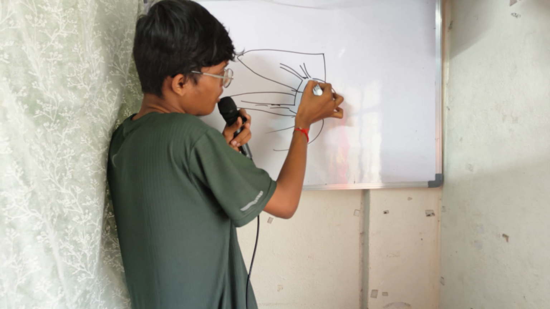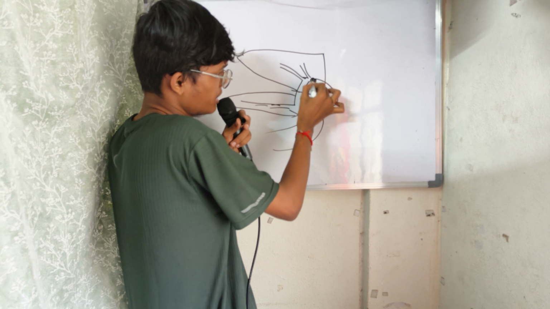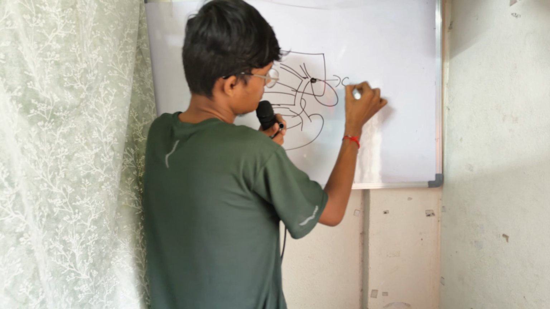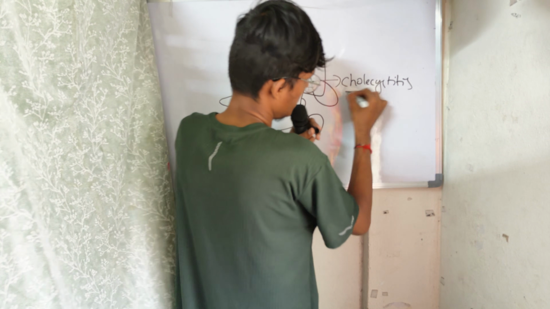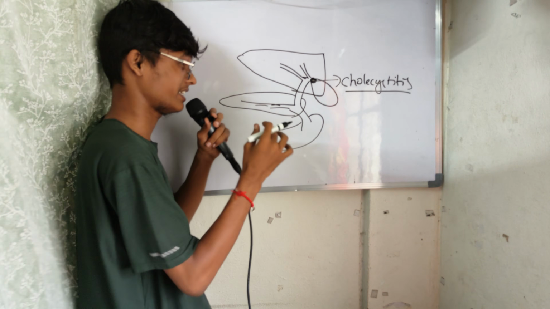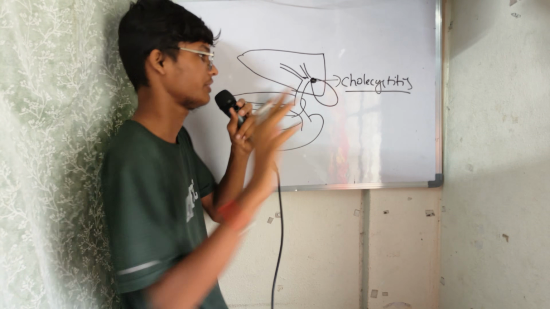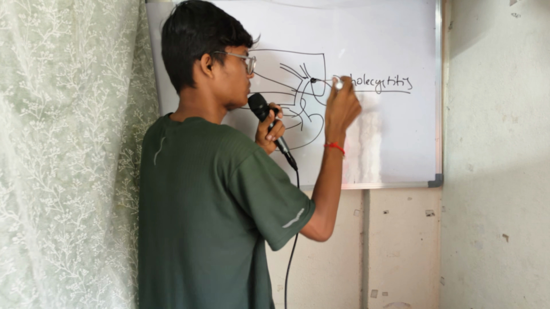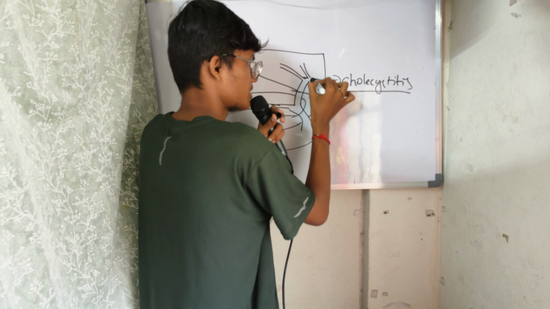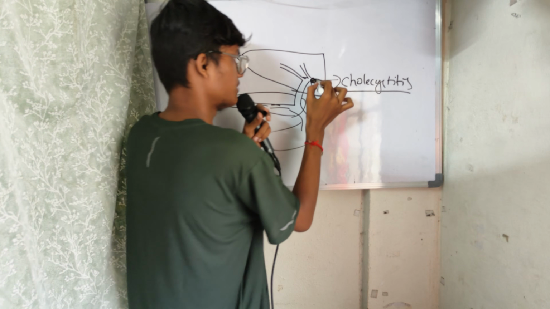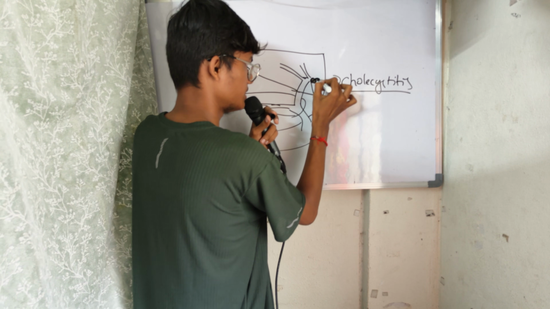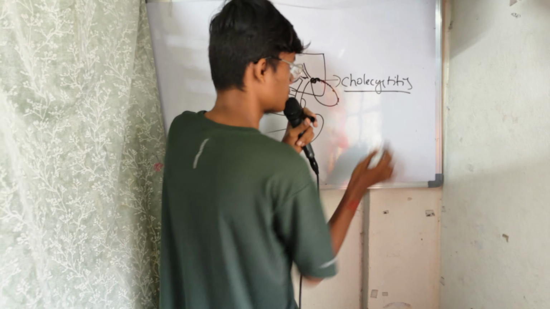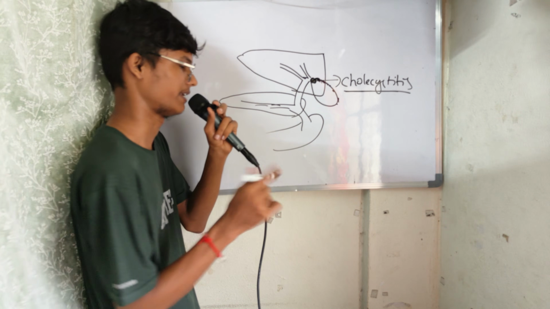Okay, if the formed stone is obstructing here, it might lead to cholecystitis. We'll discuss cholecystitis very keenly in another video, but I will tell here only what it is. It is obstructing here, so what happened? Inflammatory mediators come and inflame the area, this neck area. So it might lead to cholecystitis, inflammation in the gallbladder.